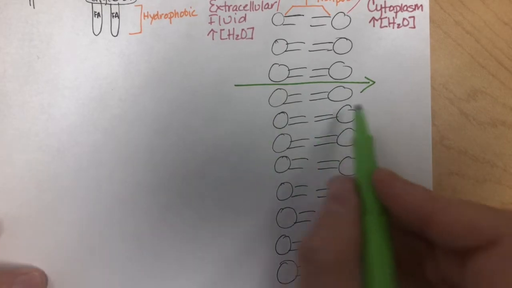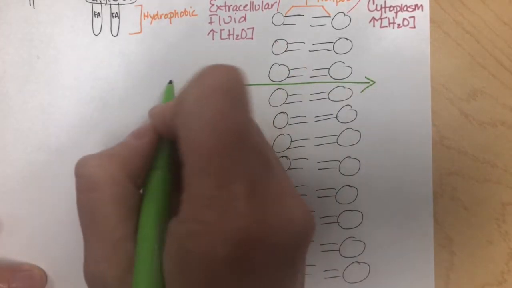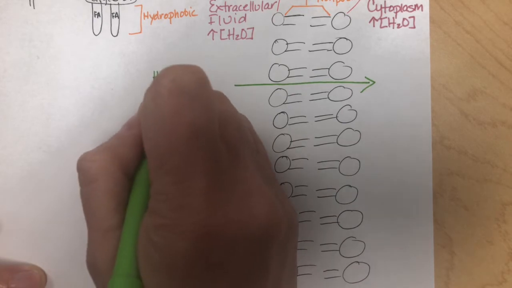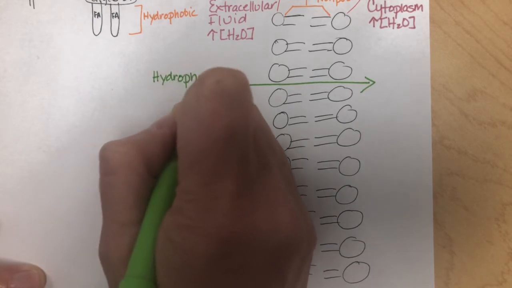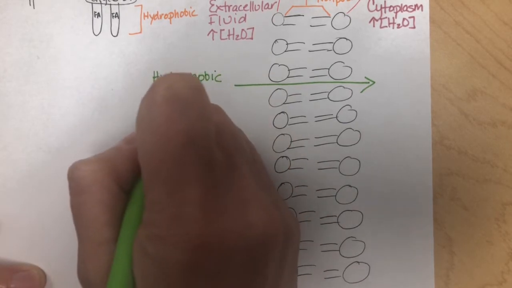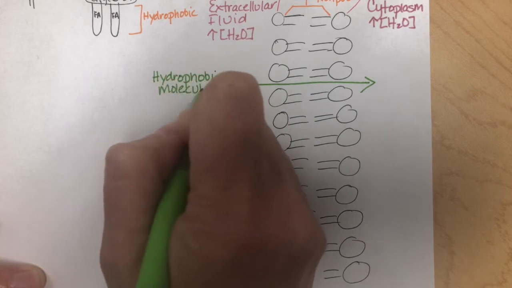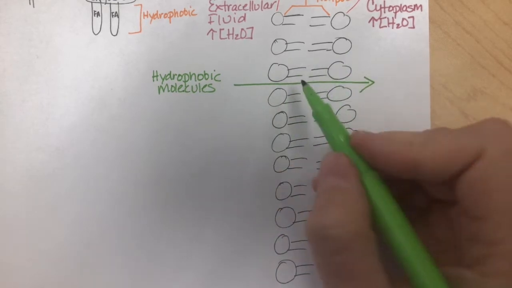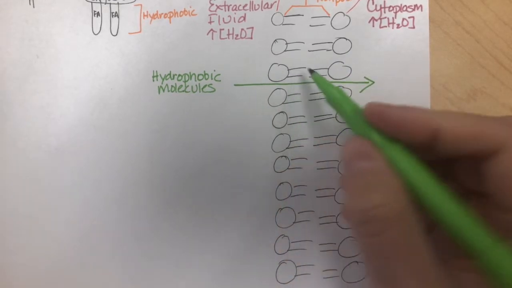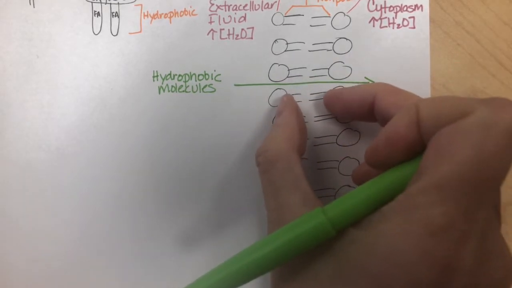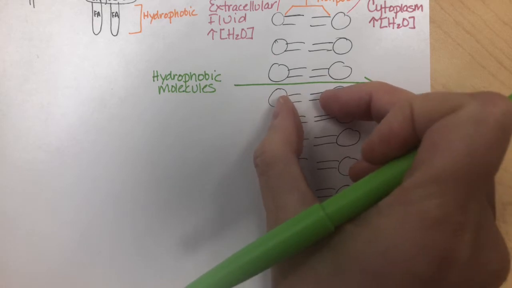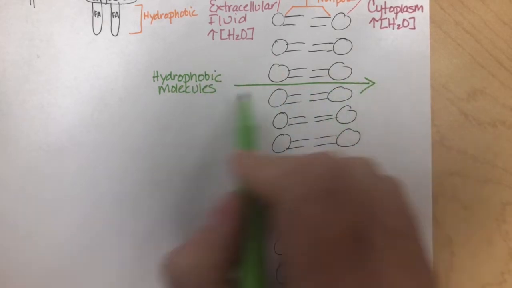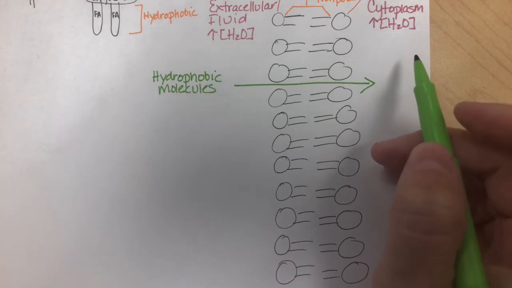What kinds of things are like that? Hydrophobic molecules. The reason is that most of the thickness of the cell membrane is the tails, which are hydrophobic, so hydrophobic molecules can move through this fairly easily.